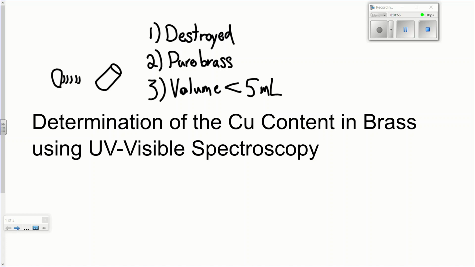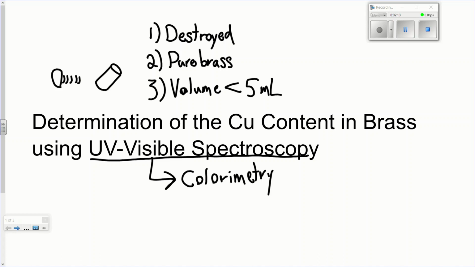So we're going to be taking that brass object, we're going to be figuring out the copper content of it using UV visible spectroscopy. UV visible spectroscopy, I know we've thrown this word around a couple times, it's really just another word for colorimetry. So in Greek, scope means to take a look at, so we have microscope, telescope, and spectrum is really just referring to the electromagnetic spectrum.